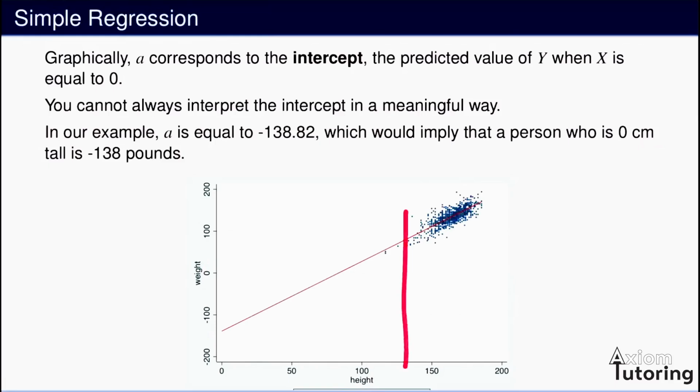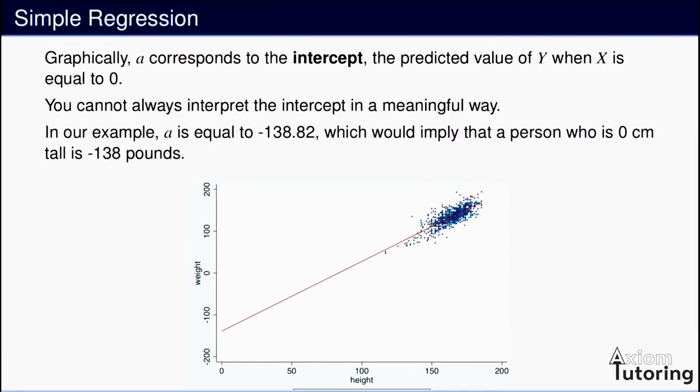So in this case, we know that in terms of height, if we think about centimeters, it will be between maybe 130 and 190. And it doesn't really make sense to look at heights that are extremely small, and especially a height of 0 makes literally no sense.